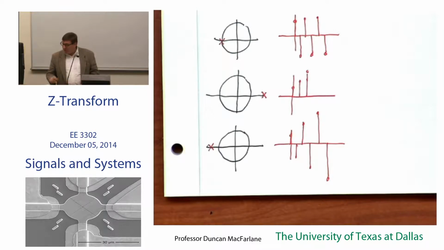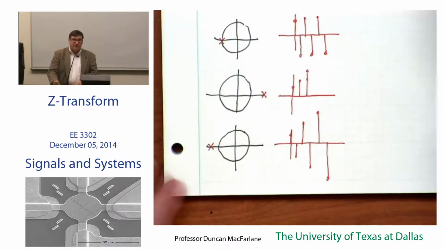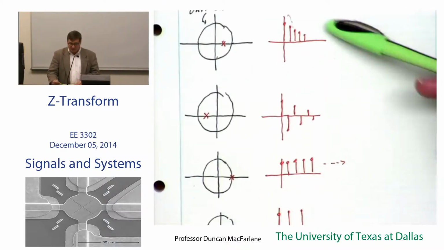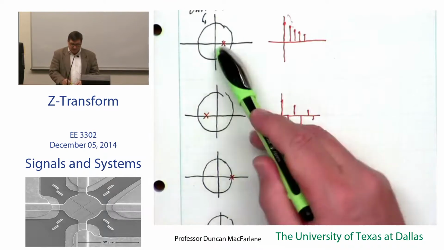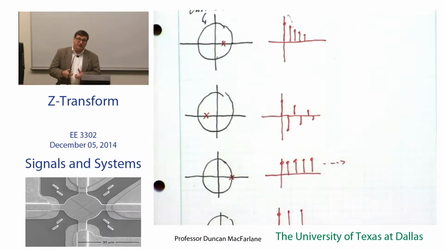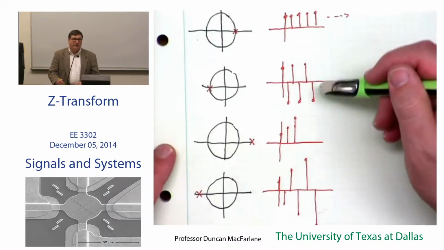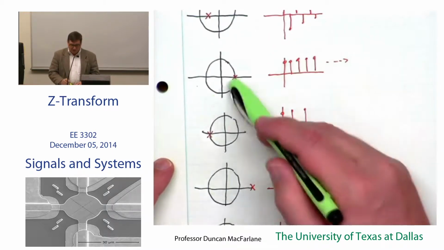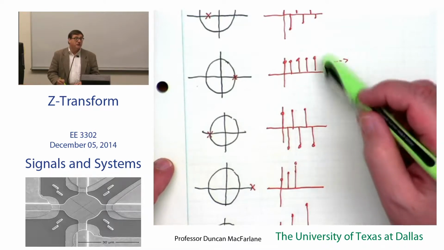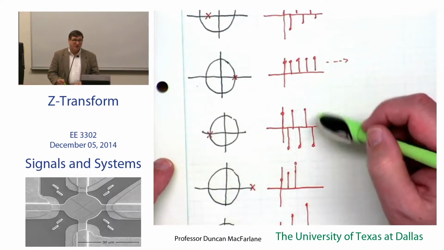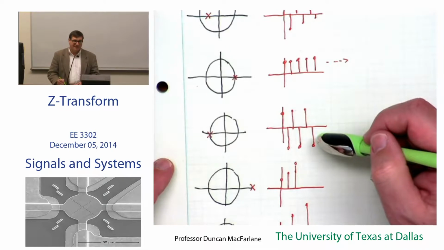Okay, so pole position matters, and one huge part of this is pole position relative to the unit circle. These systems are clearly nice and stable, and the pole is nestled inside that unit circle. With the step function behavior, the pole is right on the unit circle, and these are marginally stable systems.